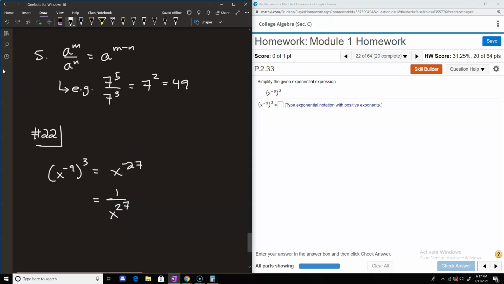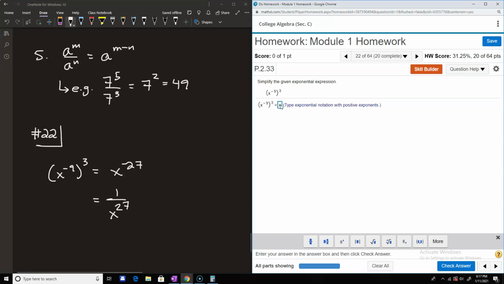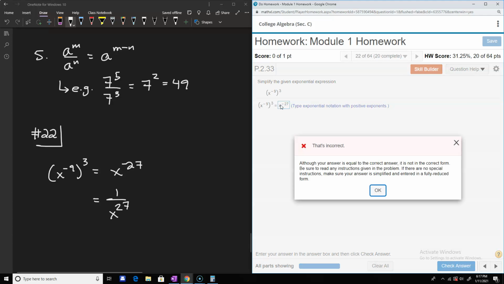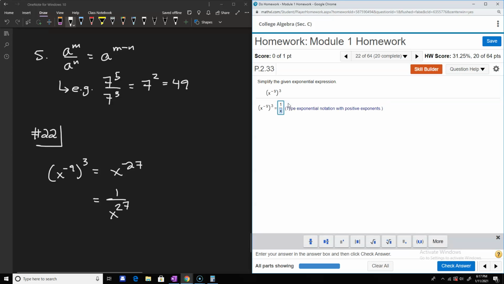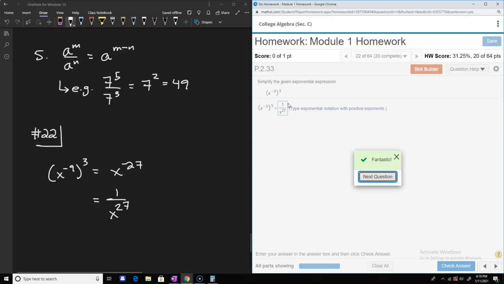And notice the exponent's positive now, since we've written it in that fraction form. So that's what they mean when they say write with only positive exponents. If I try x to the negative 27th, it should mark it wrong. So you notice it says incorrect. But if I now write it in the form that they asked, 1 divided by x to the 27th, it should give it to me. Yep, and there we see it.